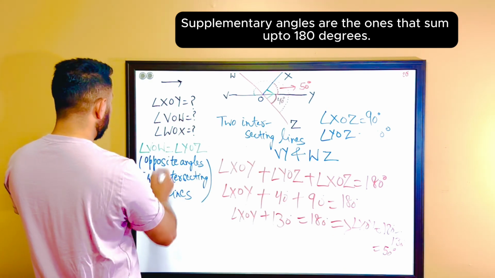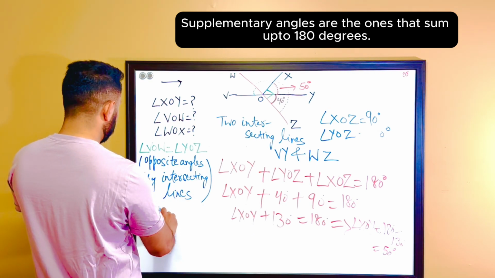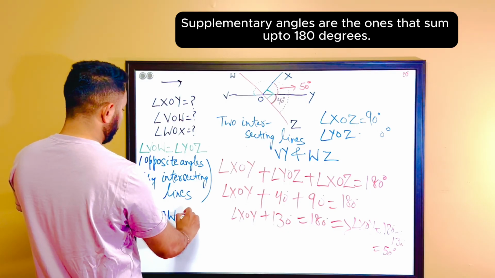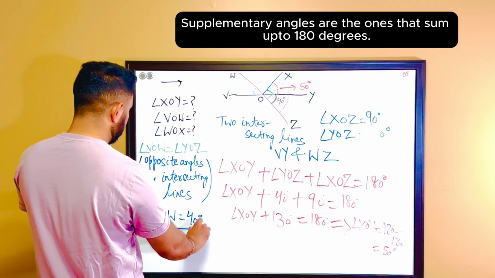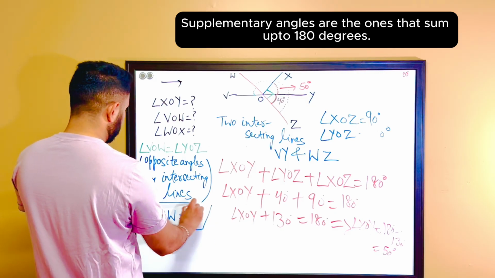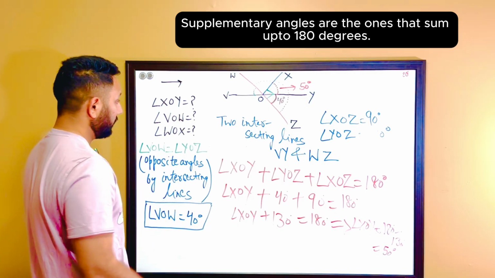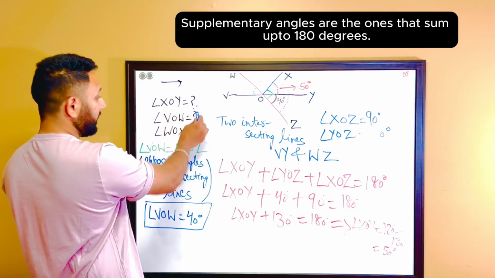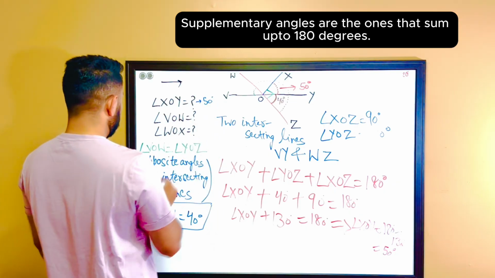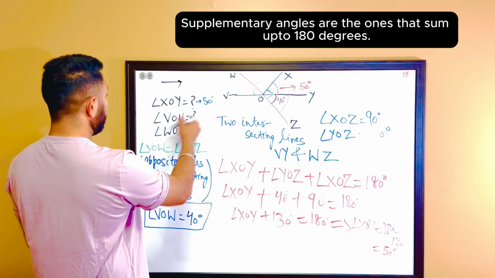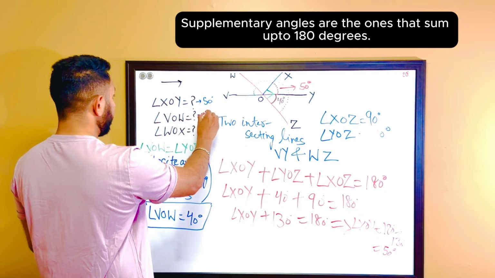So that means VOW is also 40 degrees. So XOY is 50 and VOW is 40.